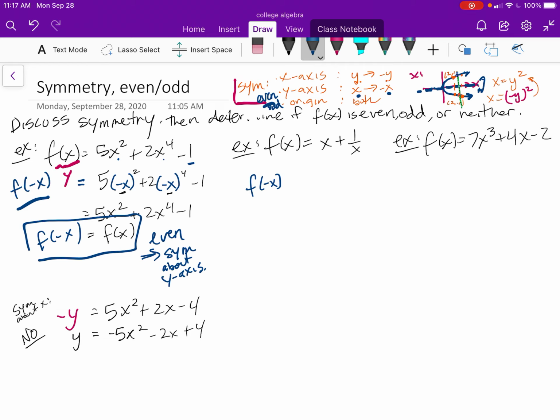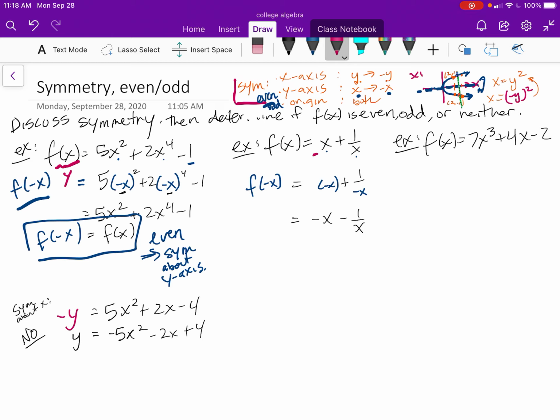So what would that look like here? Well, for each x I'm substituting -x, right? So I'm going to write that again. So I'd have -x plus 1 over -x, which translates to -x, and then dividing by a negative, I could just move it out front, which means all these signs change, right?